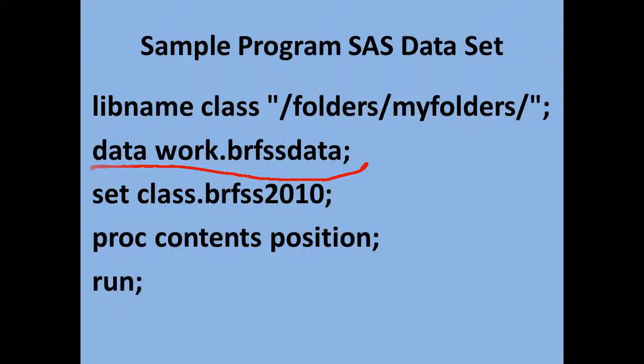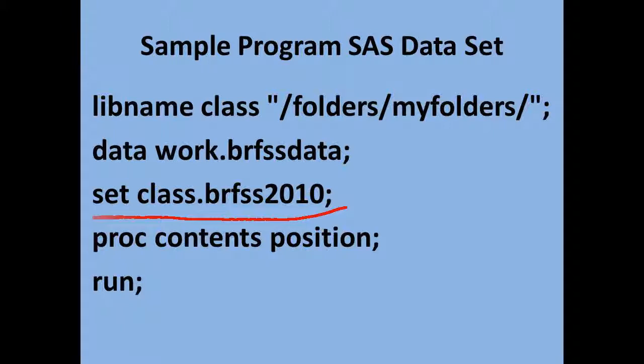Our data statement, we're going to create a temporary file inside the work library. It's going to be a reflection of whatever our data set is. I've chosen to name mine BRFSS data because I'm going to use a BRFSS data set. We have to tell SAS what to make our temporary data set a copy of. And so the third line says set class.